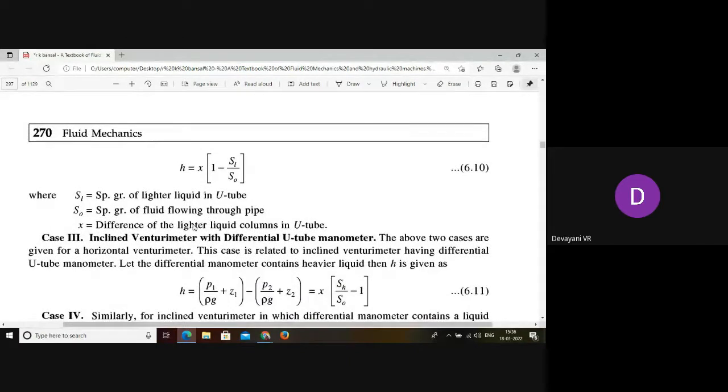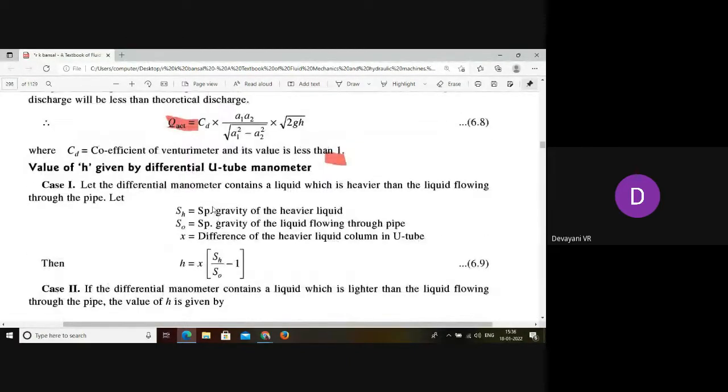And suppose we need to calculate another case, if the manometer contains a liquid lighter than the liquid which was flowing through the pipe, just like the manometer is having petrol oil and the water was flowing through the pipe.